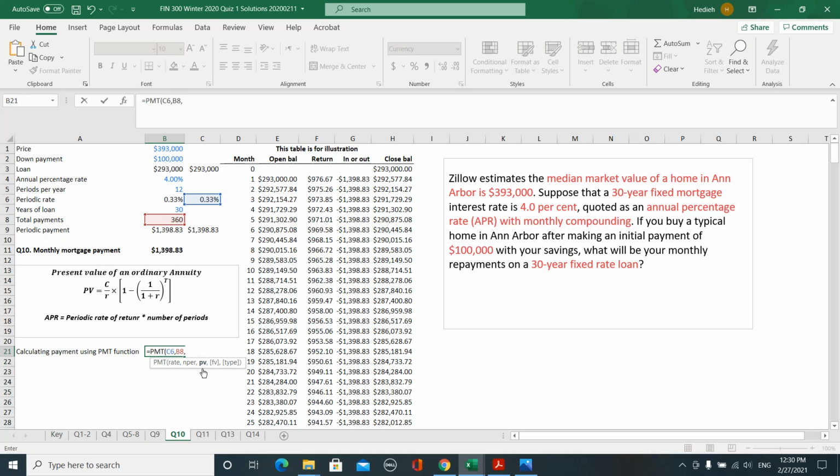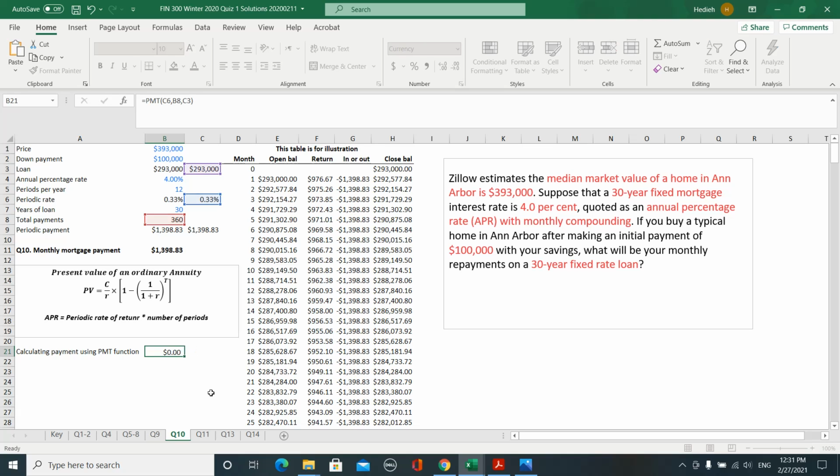And then you should choose the amount of money that you want to pay back, how much debt you have. So you have $293,000, okay? And the other options, as you can see, are optional and you don't have to enter anything for them.